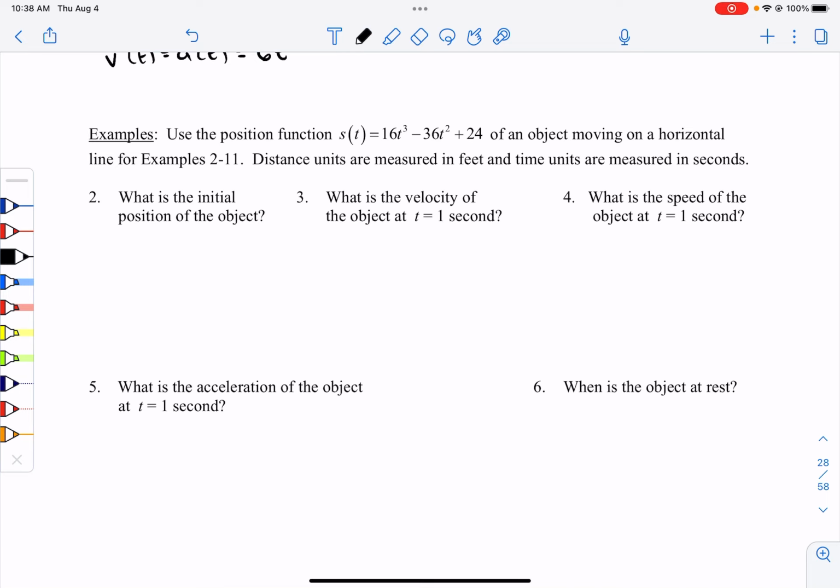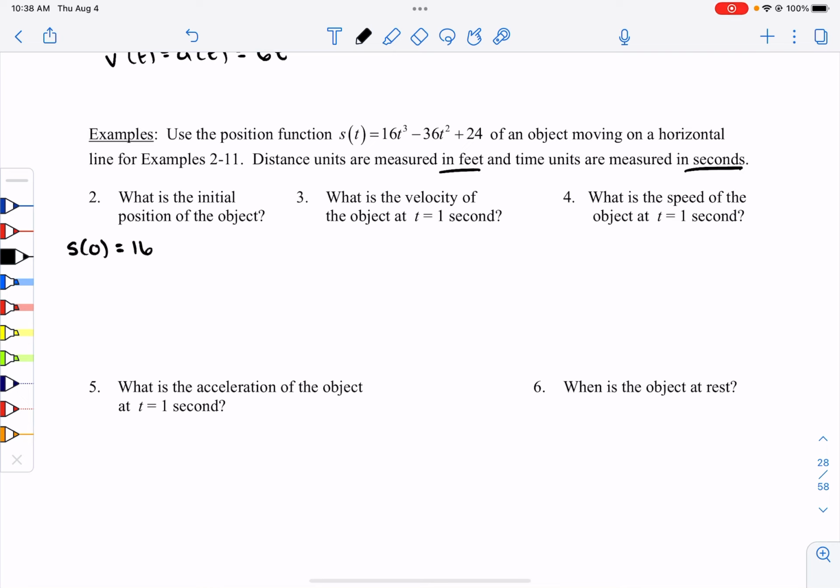So again, on the AP test, if it does not specifically ask you for units, like number 2 says, what is the initial position of the object? It does not ask me for units, so I'm not going to use units on the AP test. I might use them today just a little bit, so at least you know what they are if they were to ask.